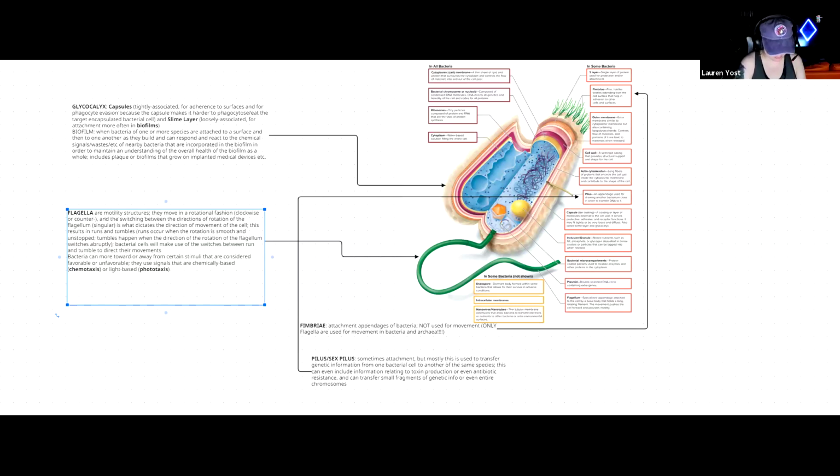You could have a group at just one end. So not one at just one end, but a group now at just one end. Or you could be covered all over.